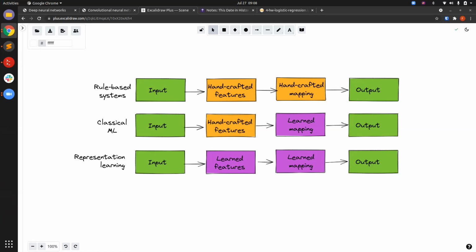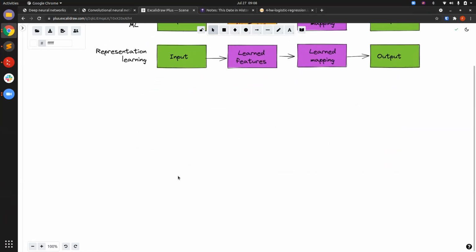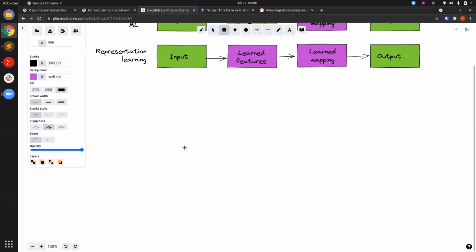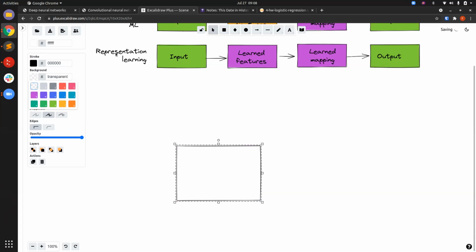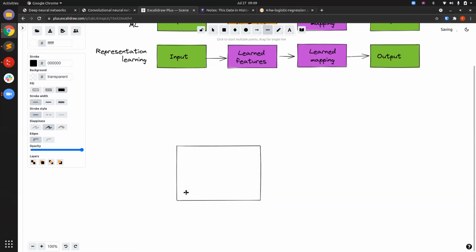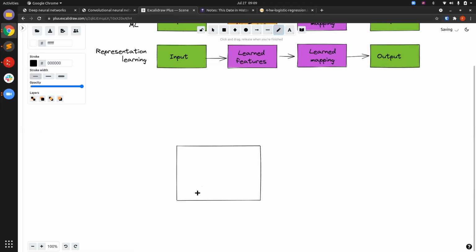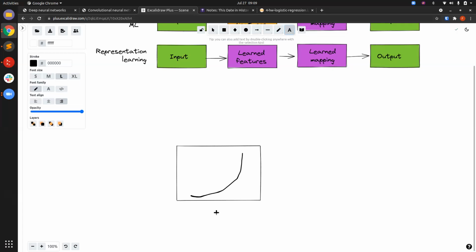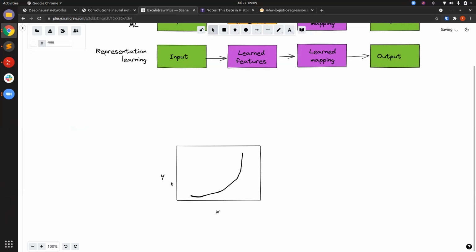Let's take a look at what we can do with a single hidden layer network with many nodes. Suppose I have some function that looks like this. I have a one-dimensional function, x, y.